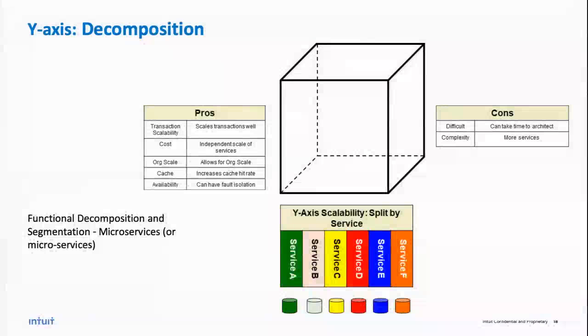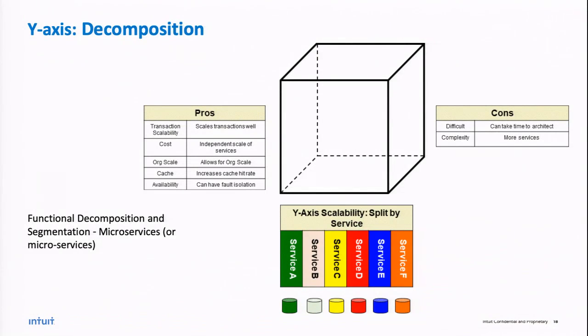So decomposition in the y-axis, we talked about decomposing into multiple microservices. If there are a lot of microservices, then you need a lot of teams working on different microservices, maintaining different services, maintaining different employees. It's not very cost effective. But it is required if you have a very big system.